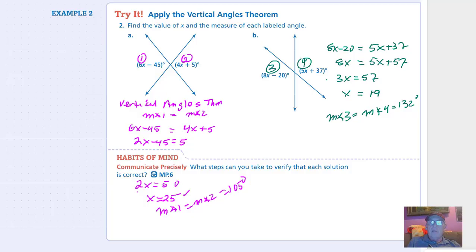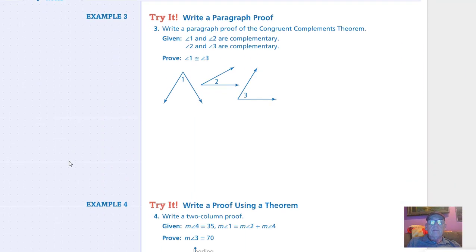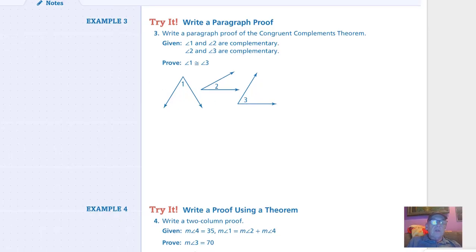Okay, let's move on. We're not going to do a paragraph proof right now, so we'll skip this one. Basically, you need to have a logical argument. 1 and 2 are complementary, 2 and 3 are complementary. Congruent complements says that angle 1 must be congruent to angle 3.